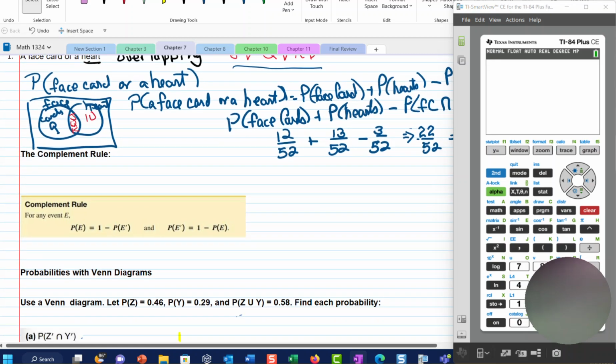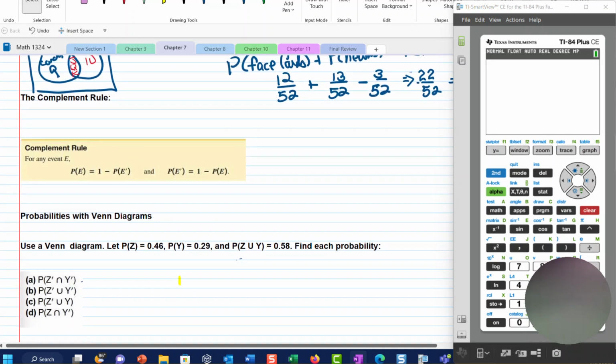All right. So now we have the complement rule. This one makes finding probability easy because you can rule out the larger condition from the total condition. It says the probability of an event can be 1 minus the probability of not the event.